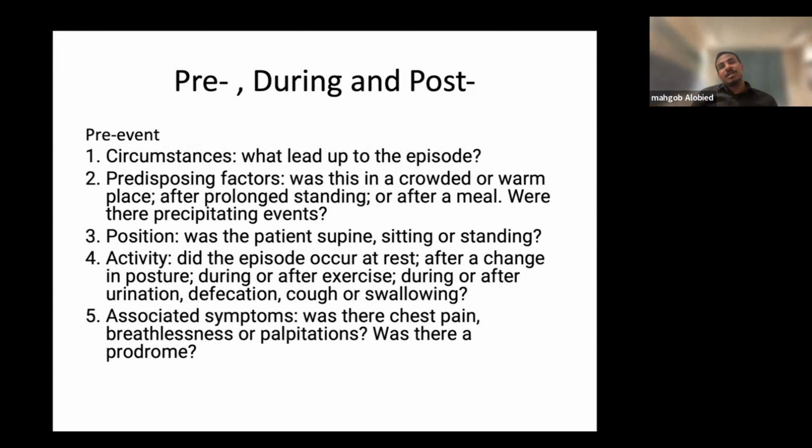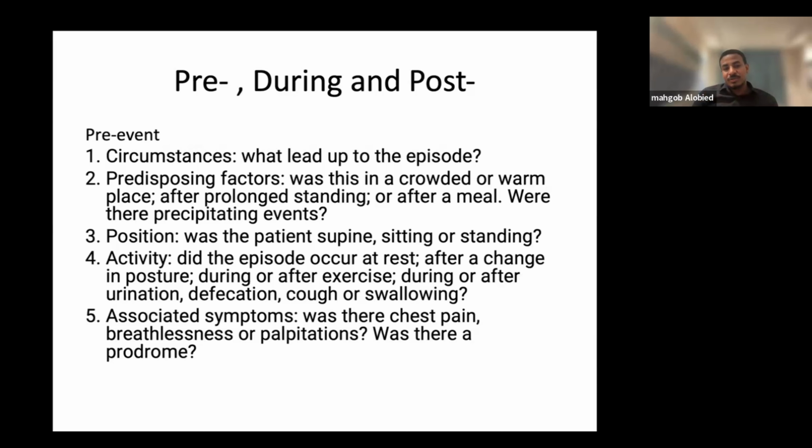Then you will ask the patient, if it's not clear from the first question, are you sitting or standing, or what exactly was your posture? Because this is very significant. Later on, we know which is low risk and which is high risk regarding these questions.